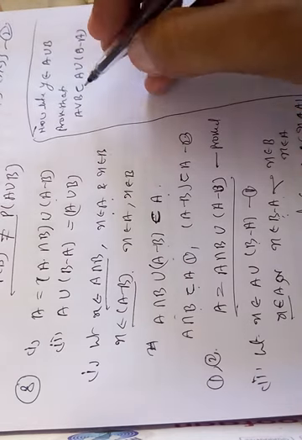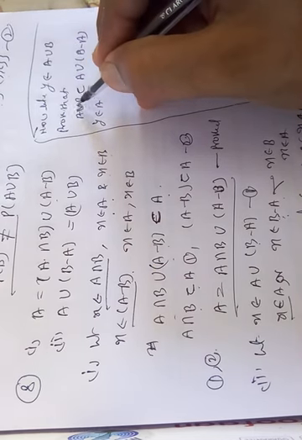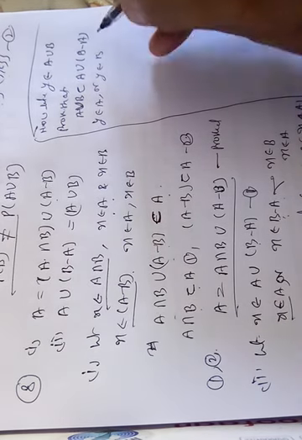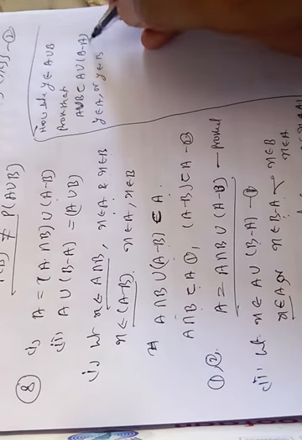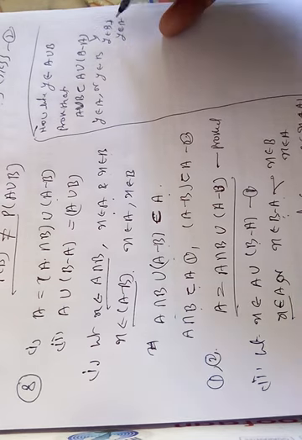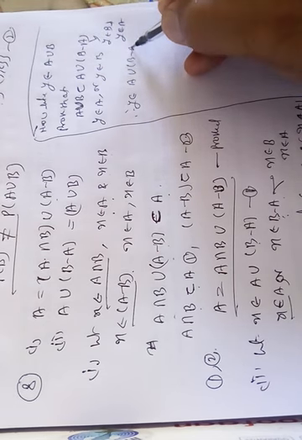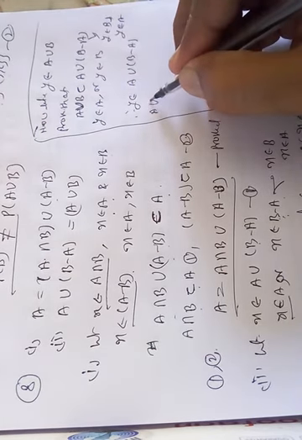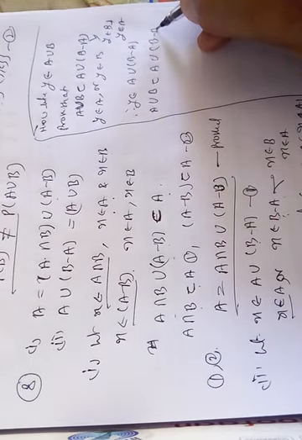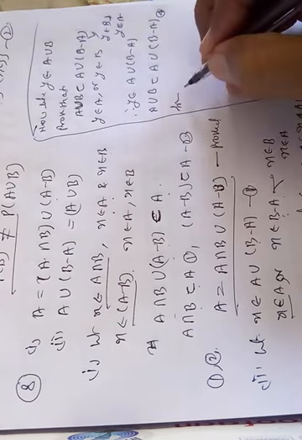So y belongs to this union. Okay. y belongs to A or y belongs to B. According to this, y belongs to B and y does not belong to A. So therefore y belongs to A union B minus A. So A union B is a subset of A union B minus A, equation number 4.